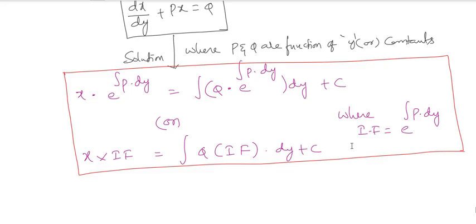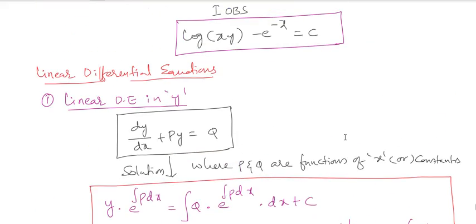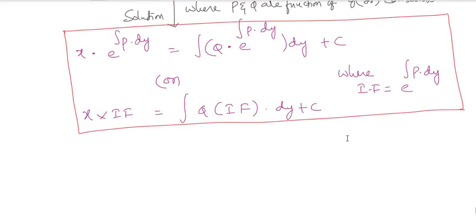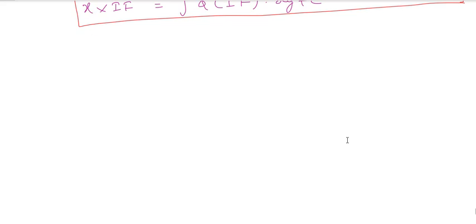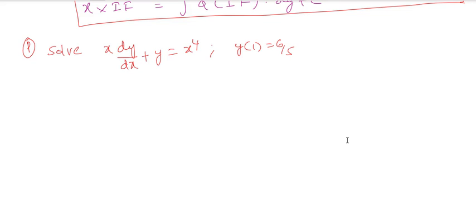Let me start with some of the questions based upon linear differential equations. Solve x into dy by dx plus y, which is equivalent to x to the power of 4, with the condition y of 1 is equivalent to 6 by 5.